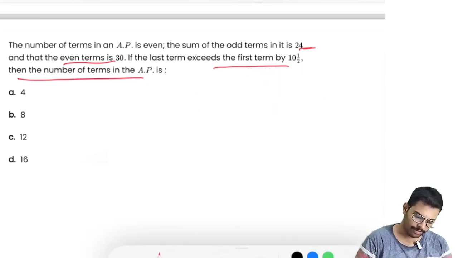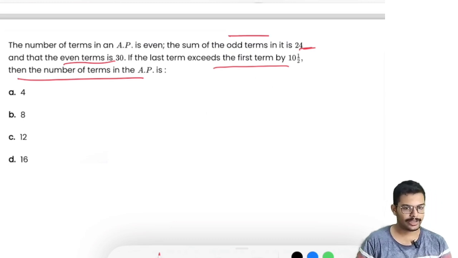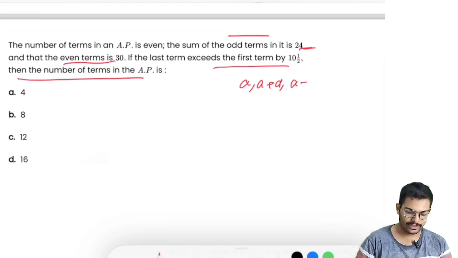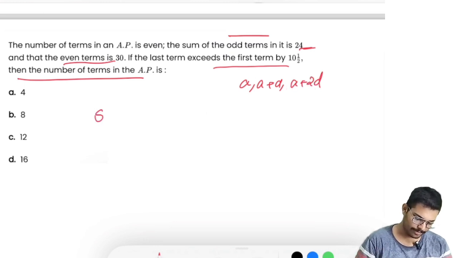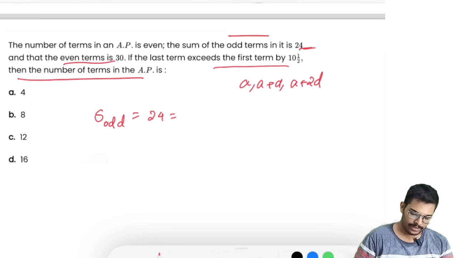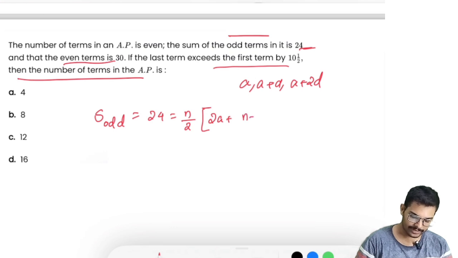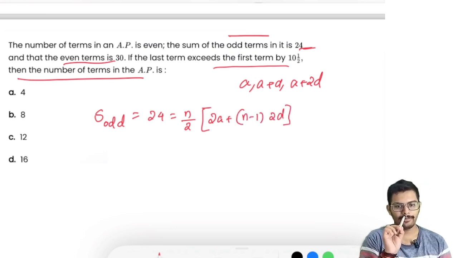Now the sum of all odd terms. The first term is an odd term, so let the AP have a, a plus d, a plus 2d respectively. The sum of all odd terms, which is equal to 24, is n by 2 into 2a plus n minus 1 into the common difference, which here is 2d. Why? Because the next term is an even term, so we need to go to the next odd term.